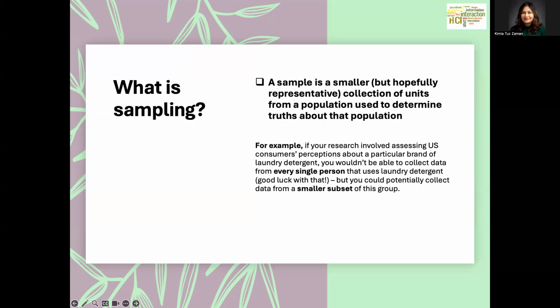Surveying every user is impossible, but if we choose a representative subset, not just our friends, not only online coupon users, but a properly selected cross section, we can still estimate average perceptions, preference shares, and even differences across groups.